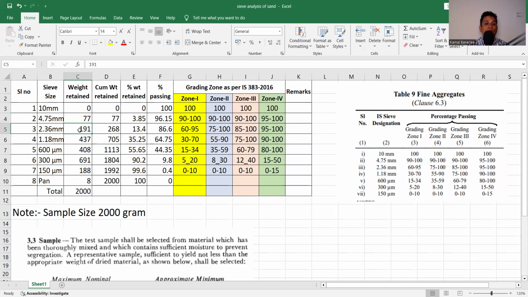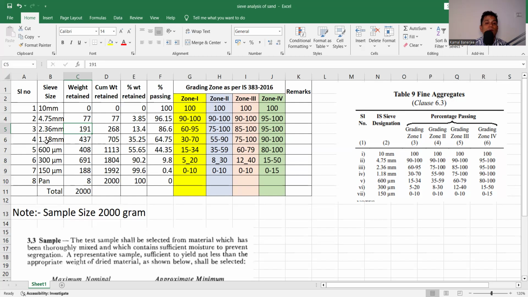Then 2.36 mm, 191; 1.18 mm, 437; 600 micron, 408; 300 micron, 691; 150 micron, 188; and the pan is 8 gram. These are the weights retained on each individual sieve.